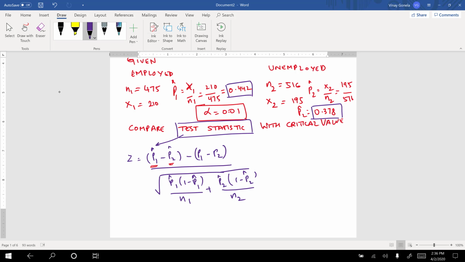So I will go into this formula and put those numbers. 0.442 minus 0.378, minus (p1 minus p2).